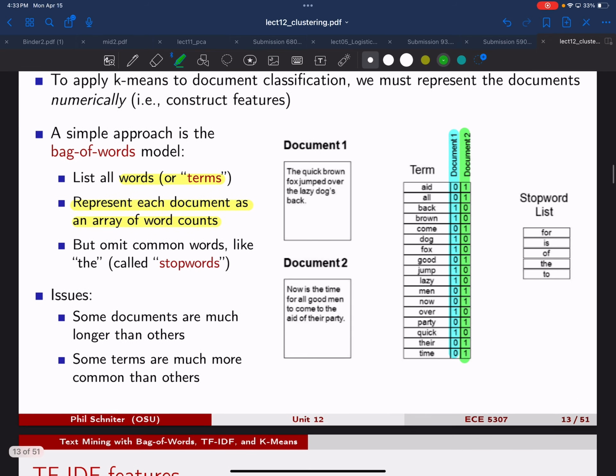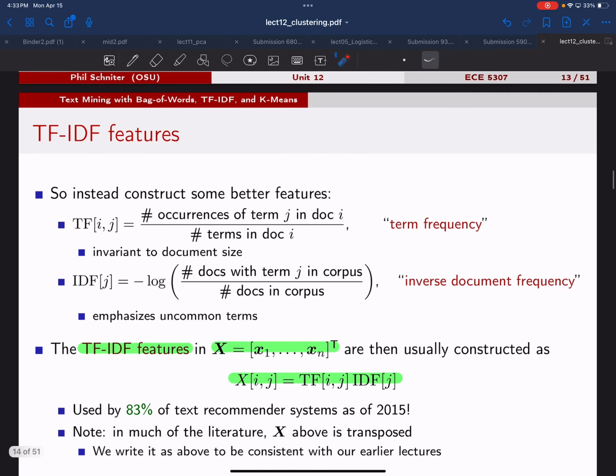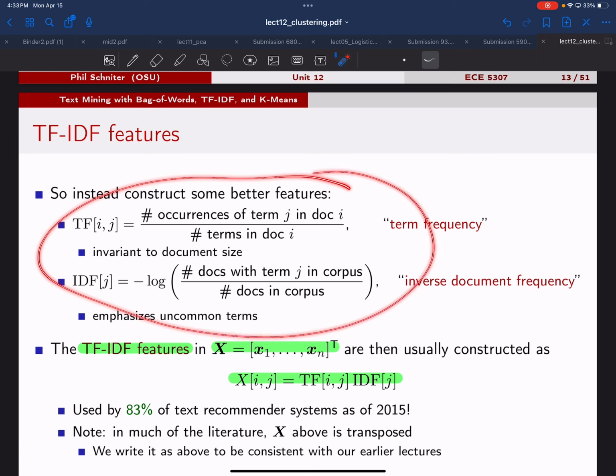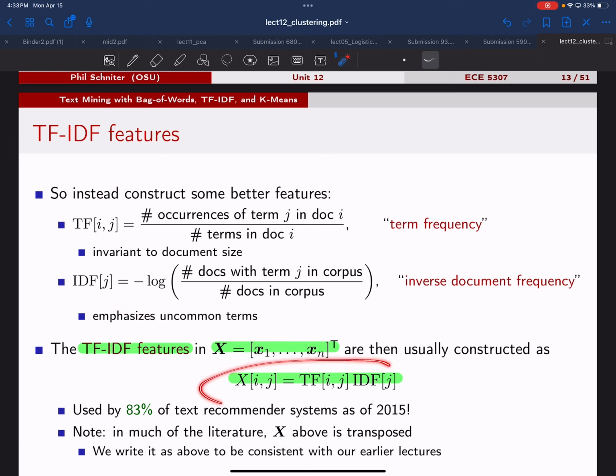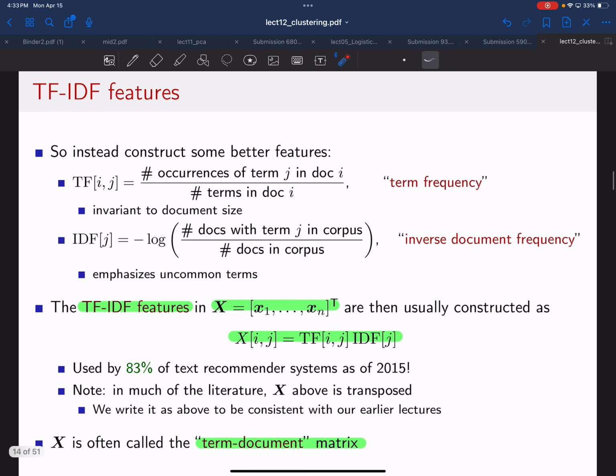We get these documents, we build these raw features, and then from them we build these more sophisticated things, and now we finally have some features we can use. And once we have these, we can use k-means or whatever else we want to use on those vectors.